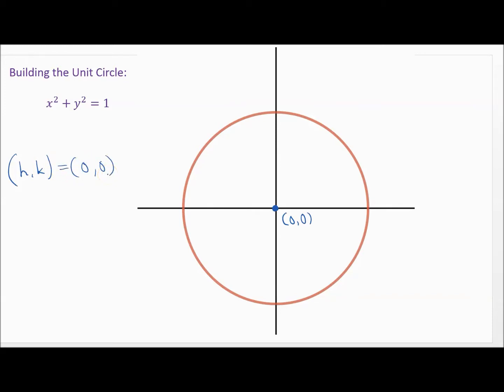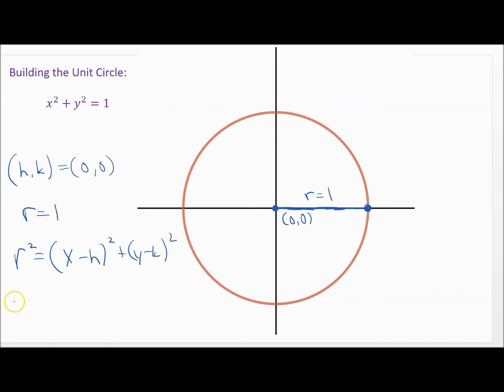Now the radius of my circle, so the distance from the center of the circle to any point on the circle, is 1. And that's why we call it a unit circle, because unit means 1 in math, and our radius is 1. So R is equal to 1. Now, my formula that we just learned is that R squared is equal to x minus h squared plus y minus k squared, and I plug in that information.